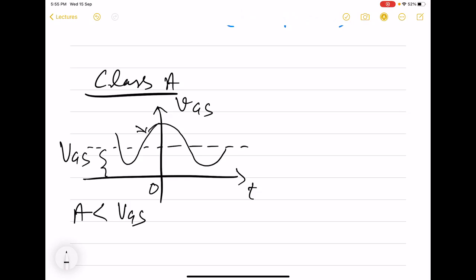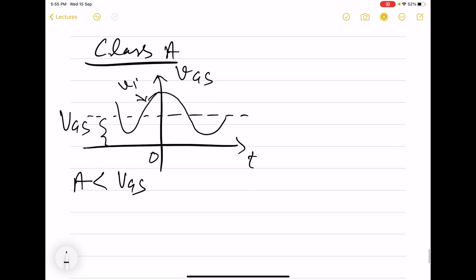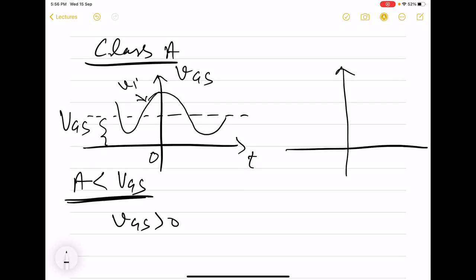So this is my VI. So for this case, VGS is always going to be greater than 0 because the DC gate to source is greater than 0. And this will then imply that we have this kind of total drain current.